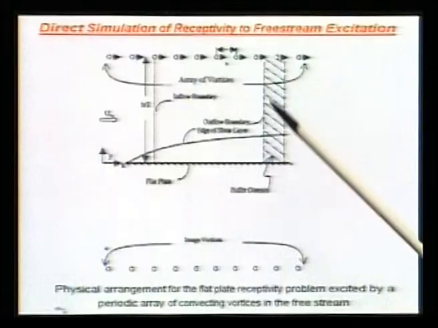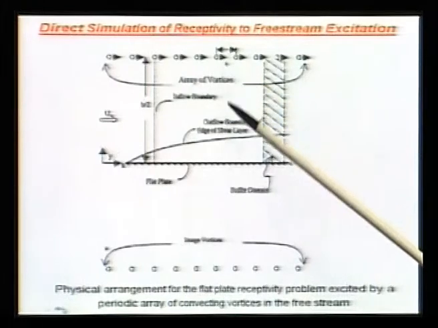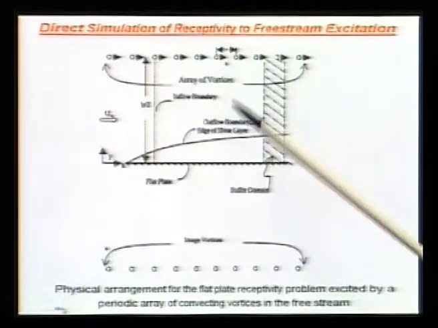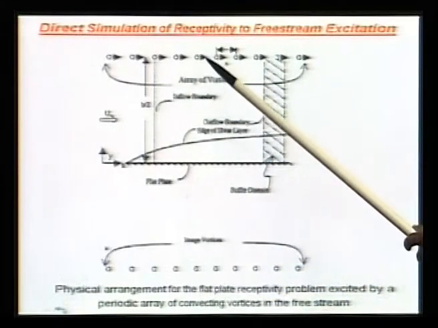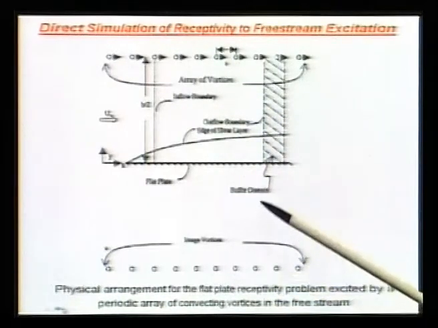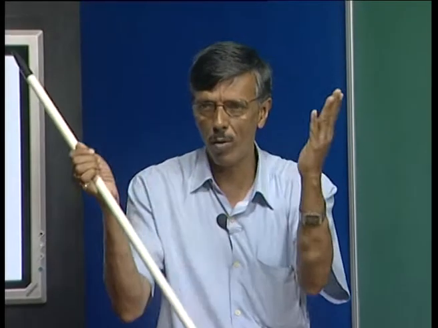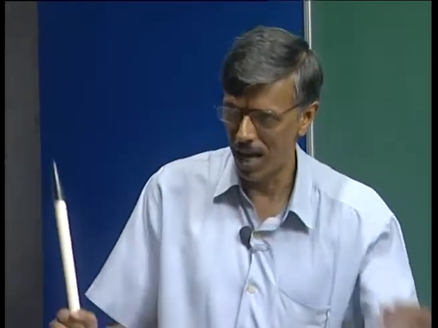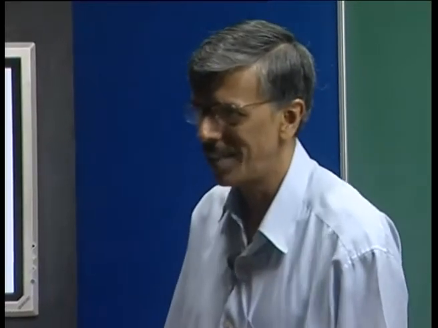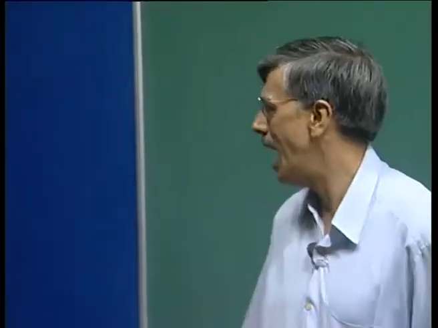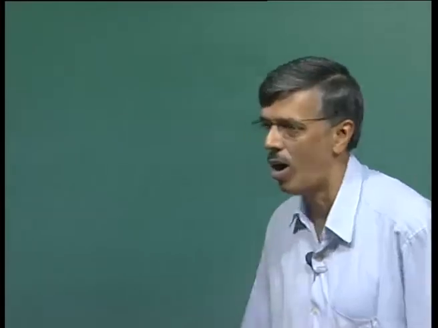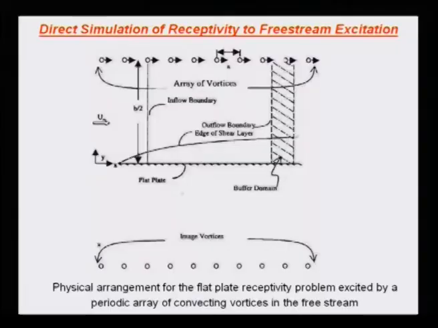The image vortex system would be nothing but its counterpart vortex, exactly at the same height, exactly at the same location. At any point I could have a pairwise contribution coming in the opposite direction. One is in this direction, the other is in this direction, and you can see the normal component will cancel out and the tangential component will add up. This is the whole idea of the image vortex system.